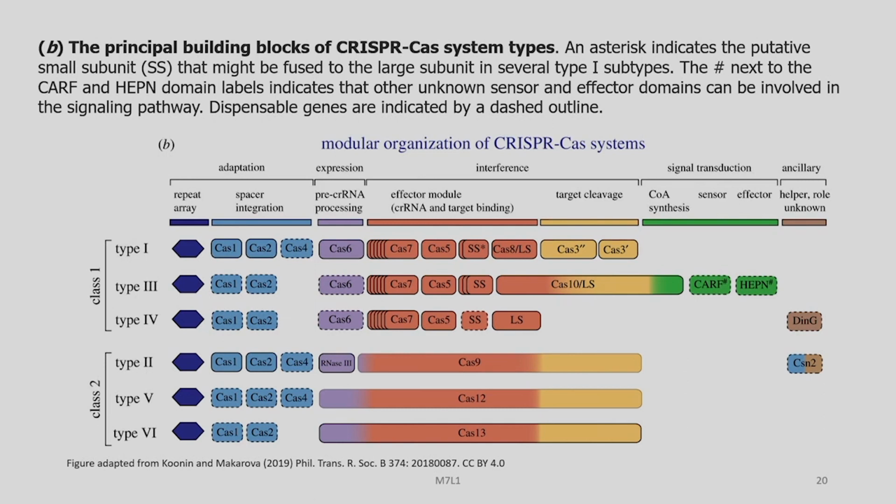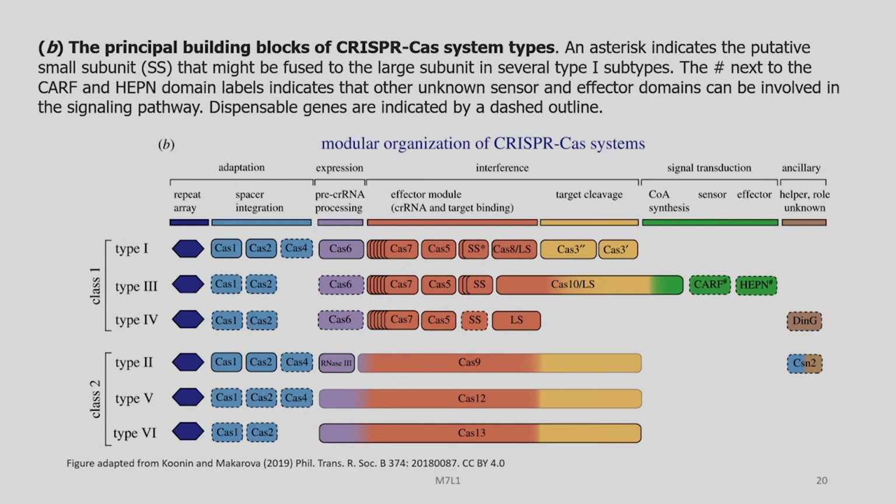So, what are the principal building blocks of the CRISPR-Cas system which constitute the diverse types? Here you will see class 1, which we described earlier, and class 2, and the types under these respective classes.